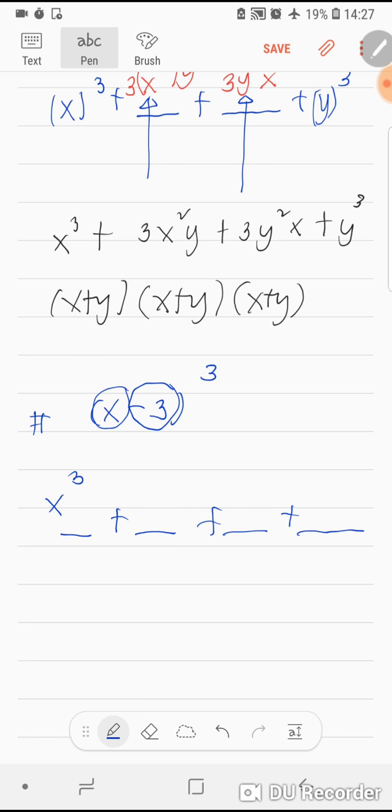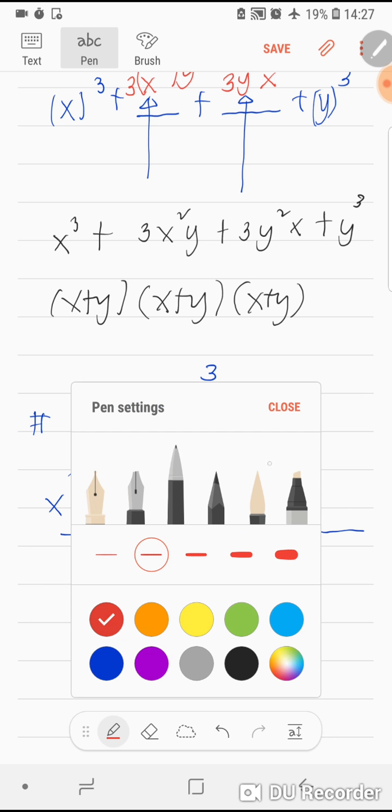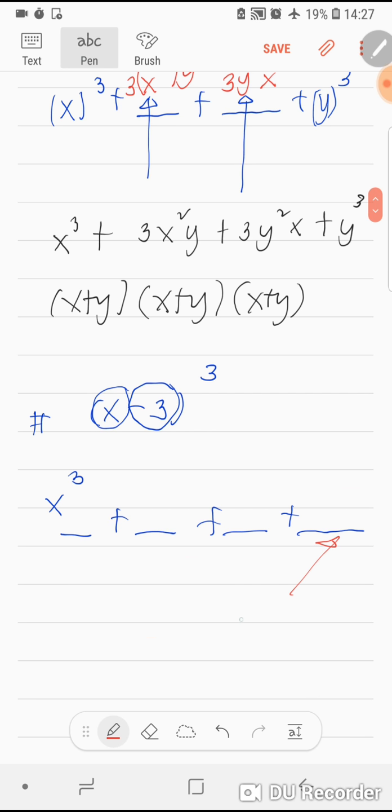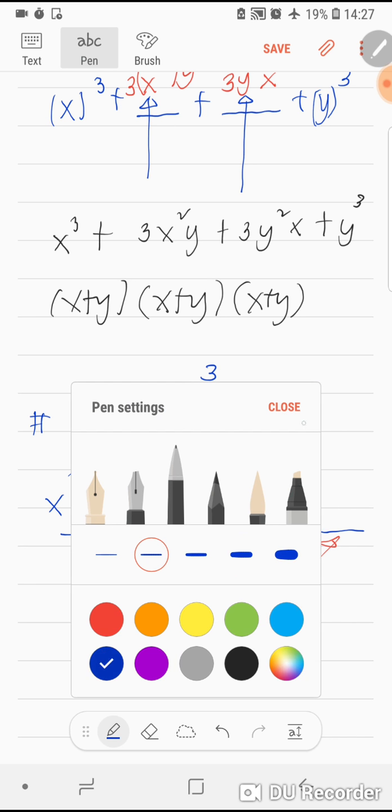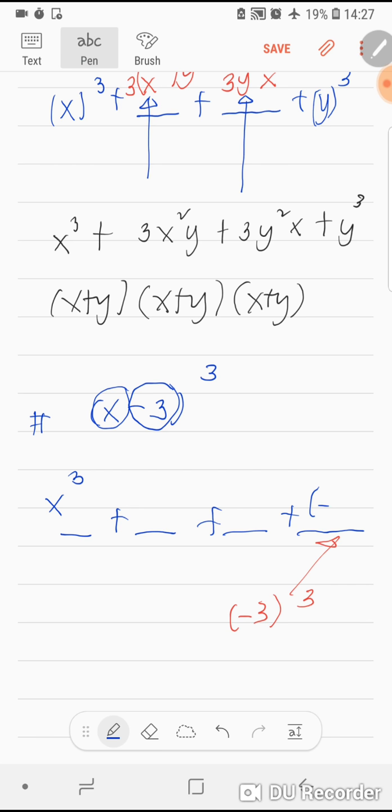You should not forget that you need to consider the negative sign. So negative 3 to the power of 3: negative 3 times negative 3 would be 9, times negative 3 would be equivalent to negative 27.